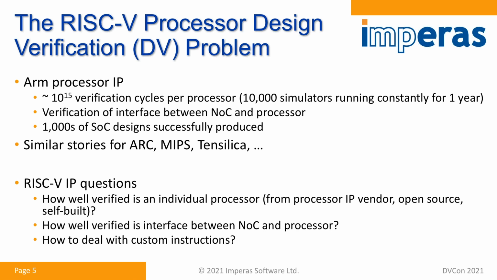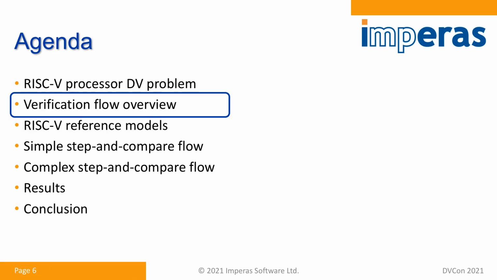So even if you're purchasing processor IP from a vendor and you feel confident in the quality there, you still don't know how many SoCs this has been in, how well verified the interface between the NOC and the processor is. What if you're going to add custom instructions to that processor IP? And then if it's open source or self-built, the problem is compounded.